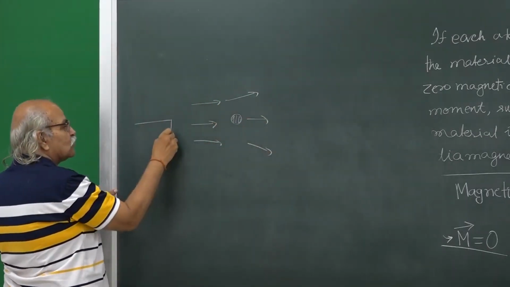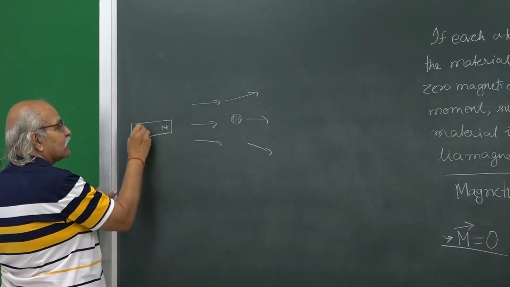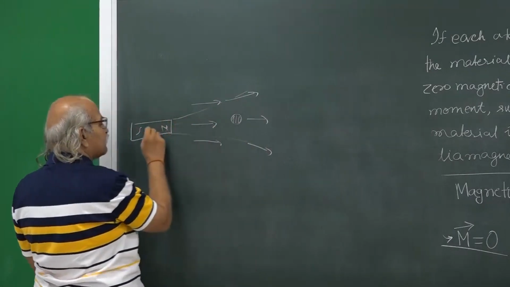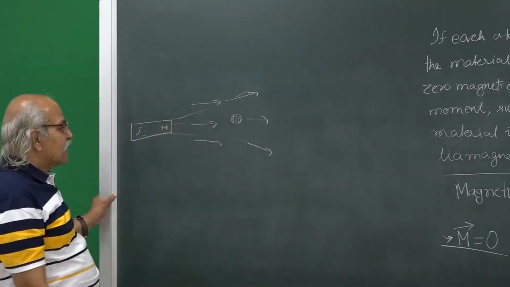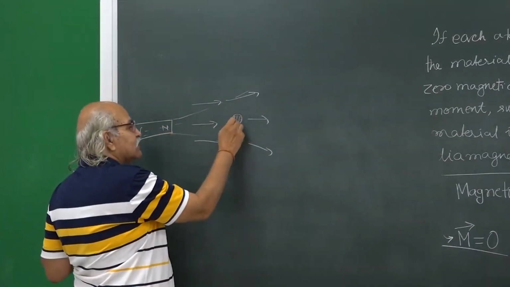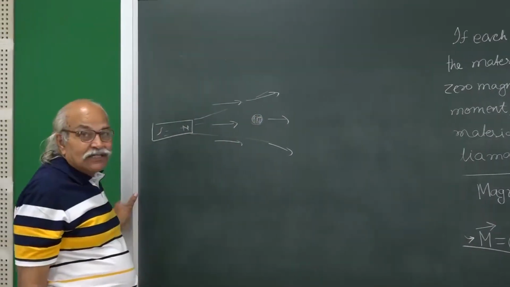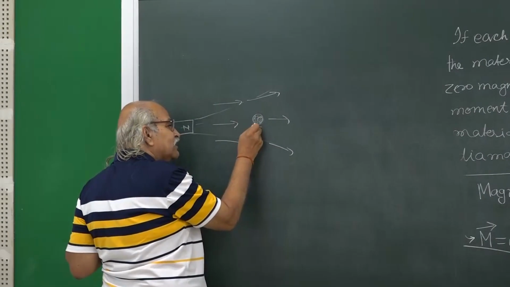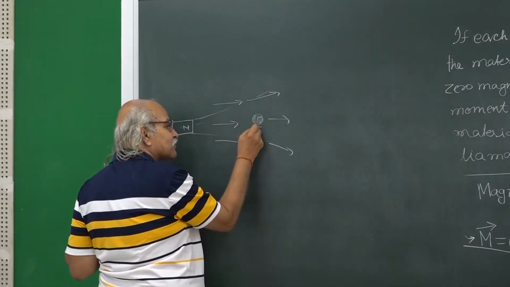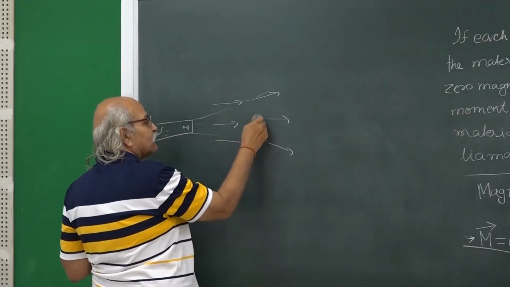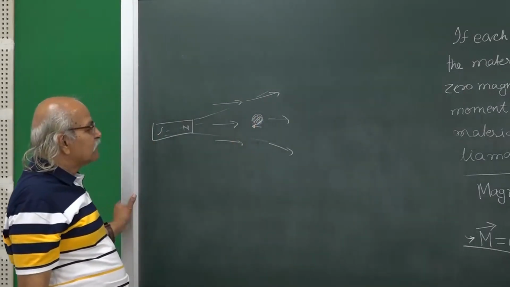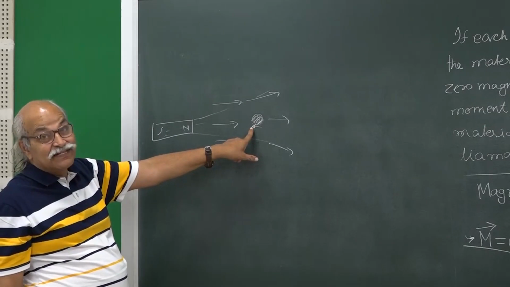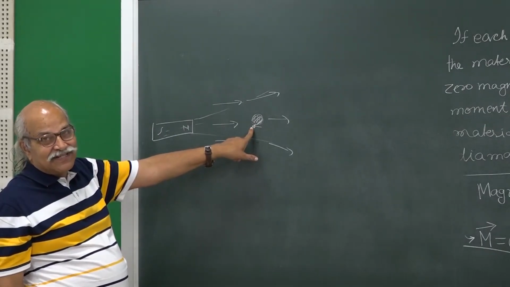This kind of magnetic field can be produced by a permanent magnet here, and here is that diamagnetic material. So, because of this, a dipole moment is produced in this direction, right. In this, there was no dipole moment to start with, but now there is a dipole moment in this direction opposite to the applied magnetic field.